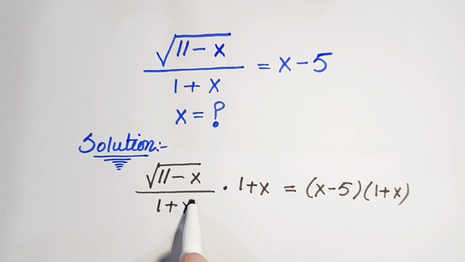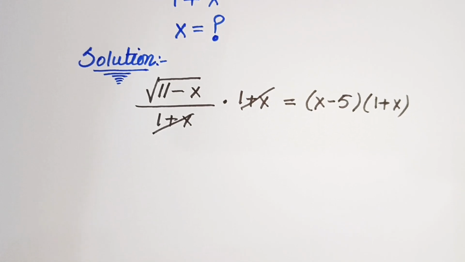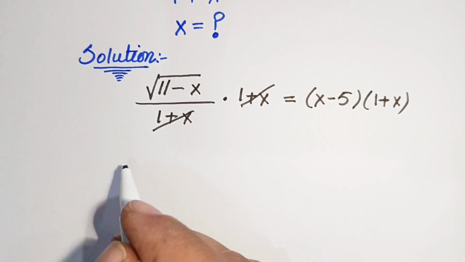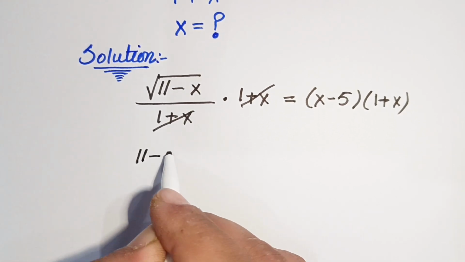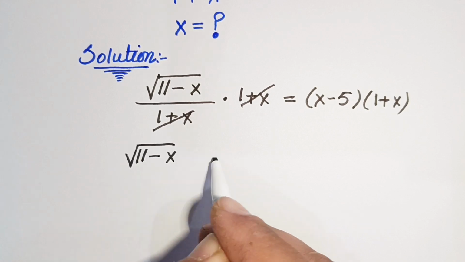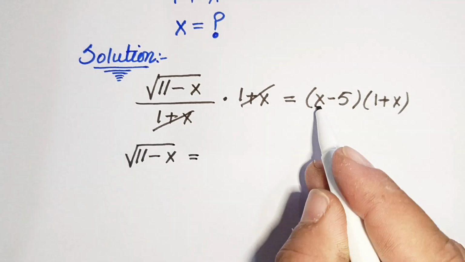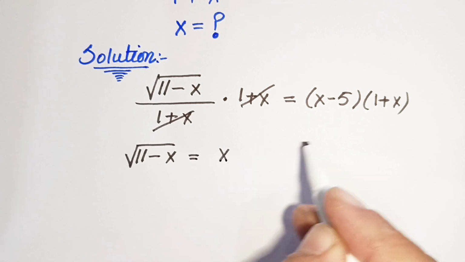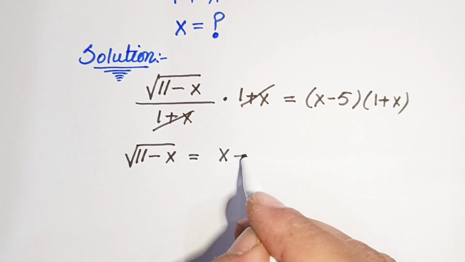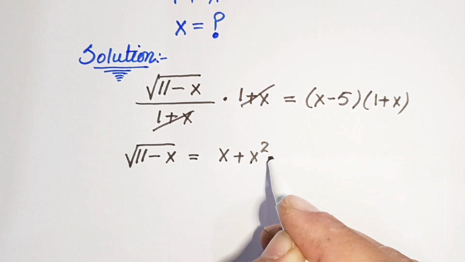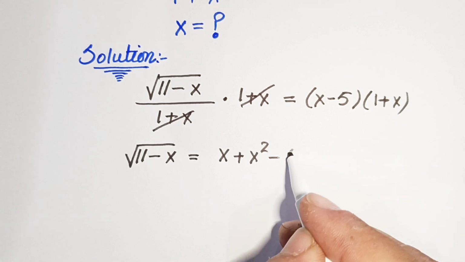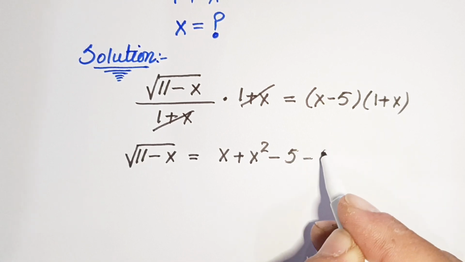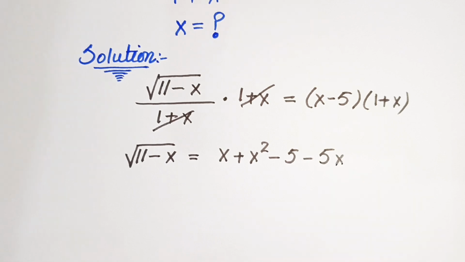Now here we see that this 1 plus x is cancelled out with 1 plus x, so we have (11 minus x) whole square root is equal to, here x times 1 is x, times x is plus x squared, minus 5 times 1 is minus 5, and minus 5 times x is minus 5x.